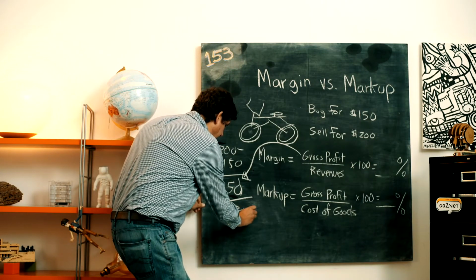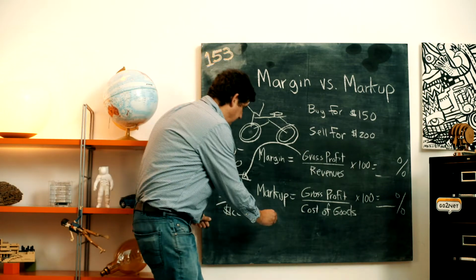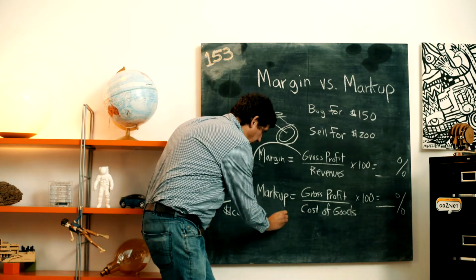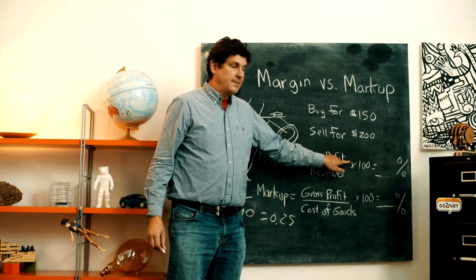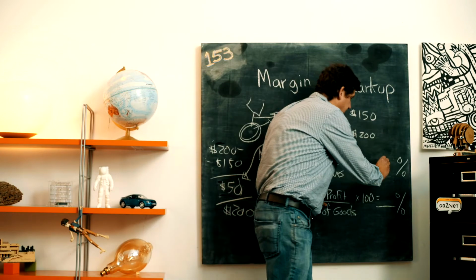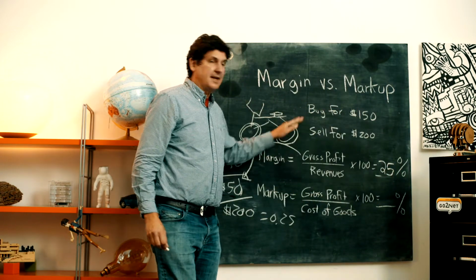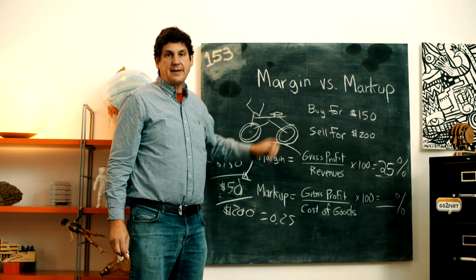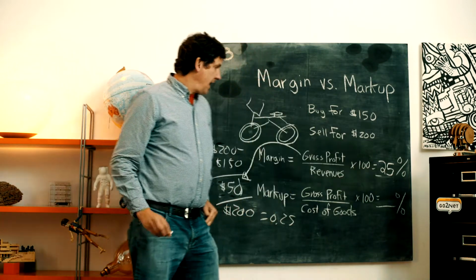And what is $50 divided by 200? That is 0.25. 0.25 times 100 is 25%. So our margin when we sell a bike for $200 that costs us $150 is 25%. So that is the margin.